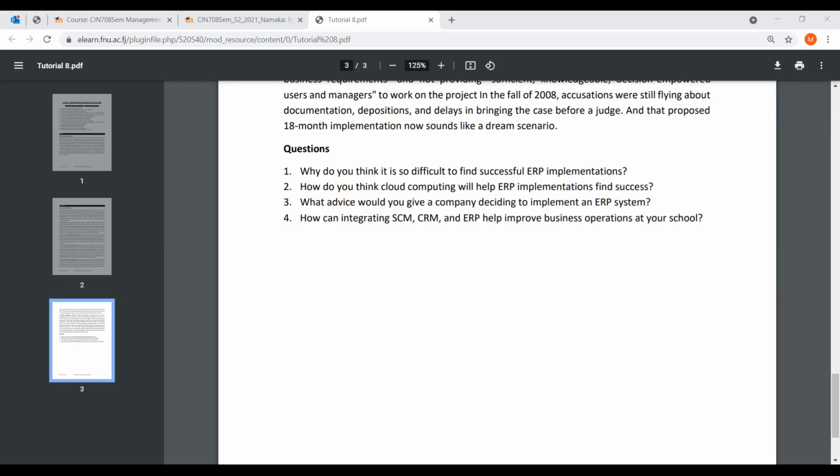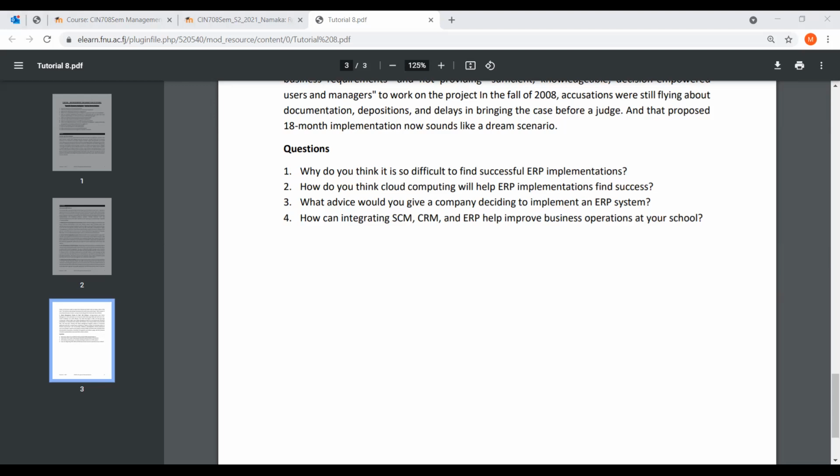Moving on. Question number 3. What advice would you give a company deciding to implement an ERP system? Okay, now here answers can vary a lot.